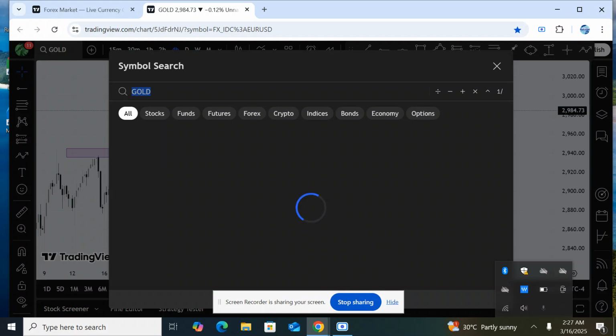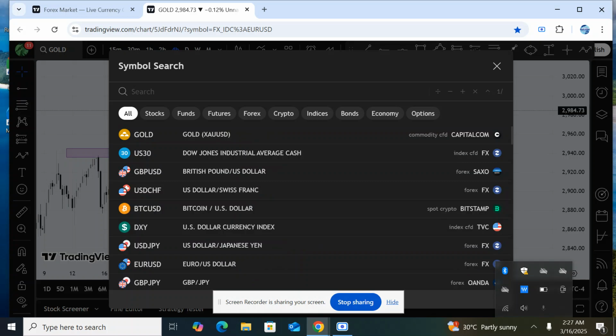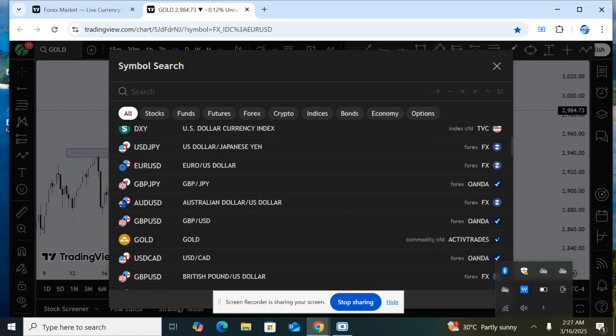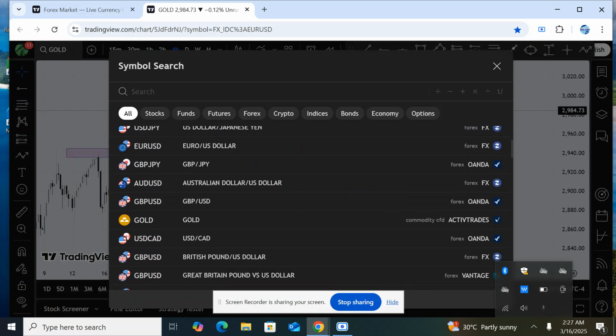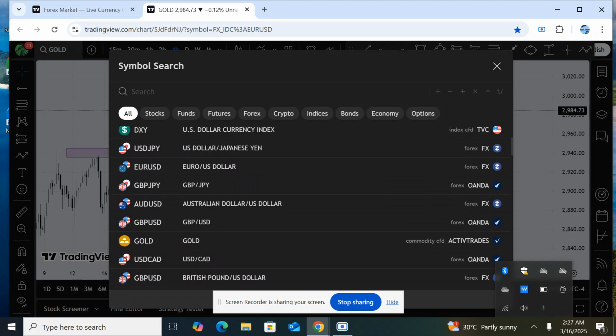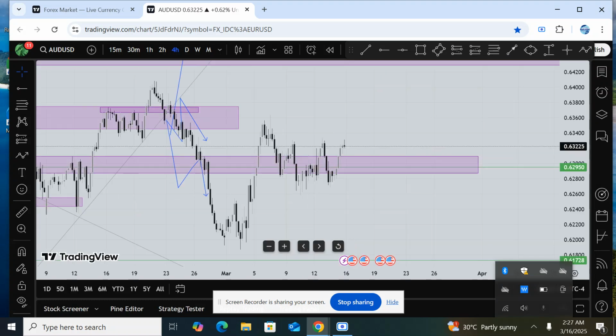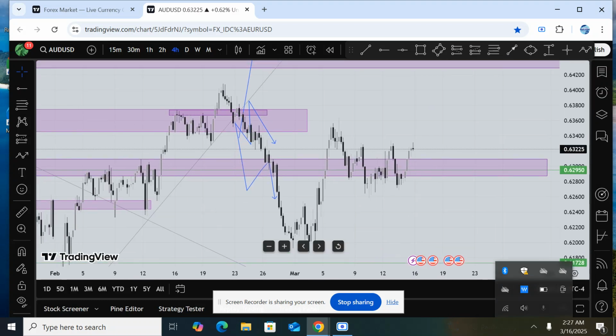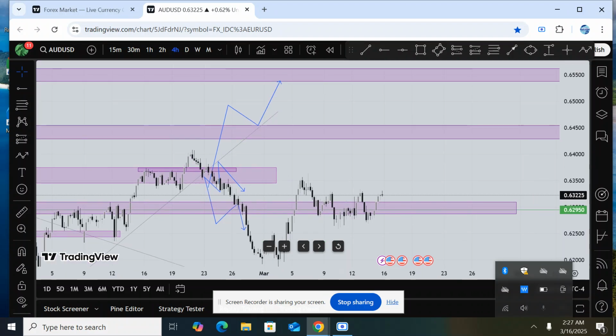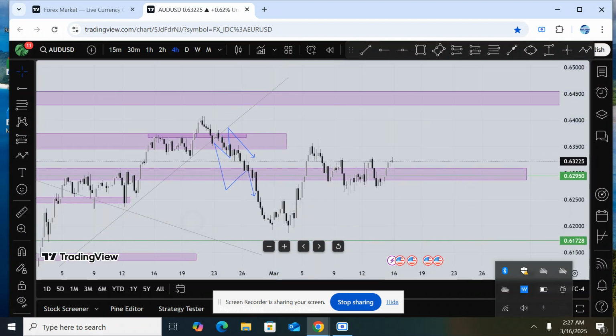Let's see what else we have. Okay, let me do GBP. GBP has not been cooperating for some time now, so let me go for AUD USD. This looks like a war zone.